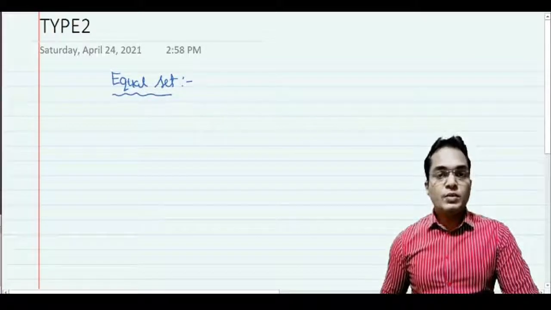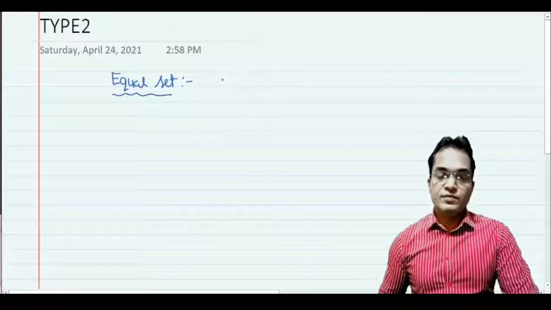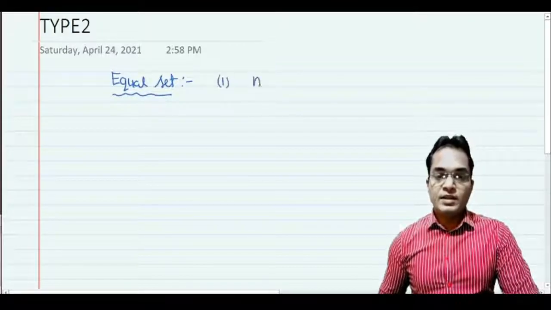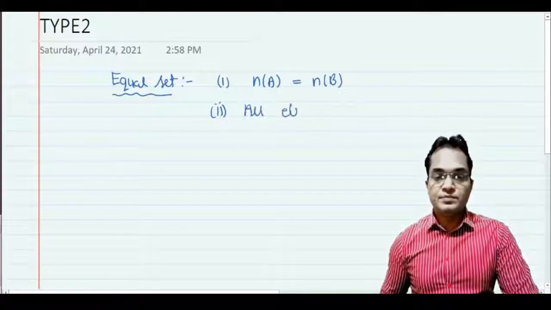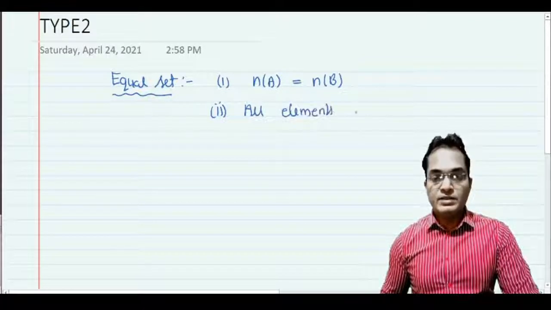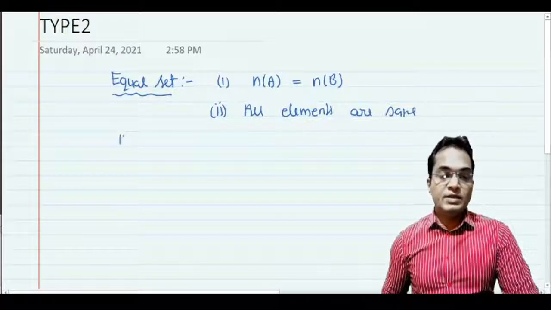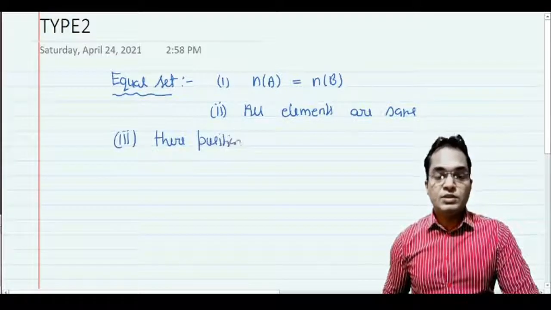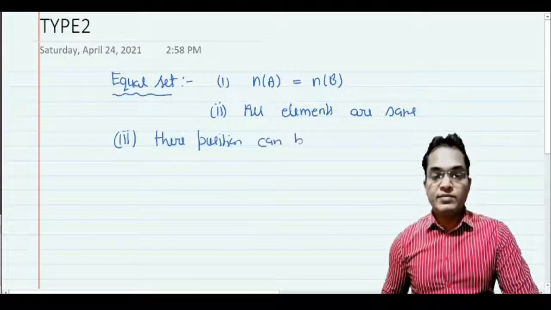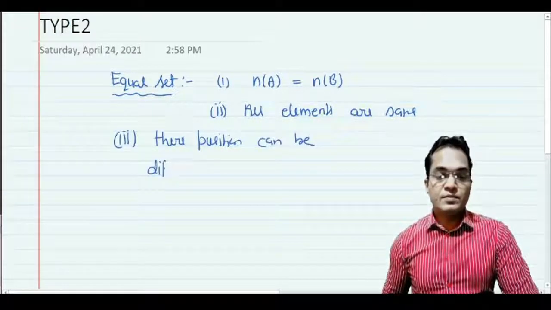Two sets are said to be equal sets if, first, their cardinal numbers are equal; second, all the elements are the same; and third, their positions can be different. Understand?